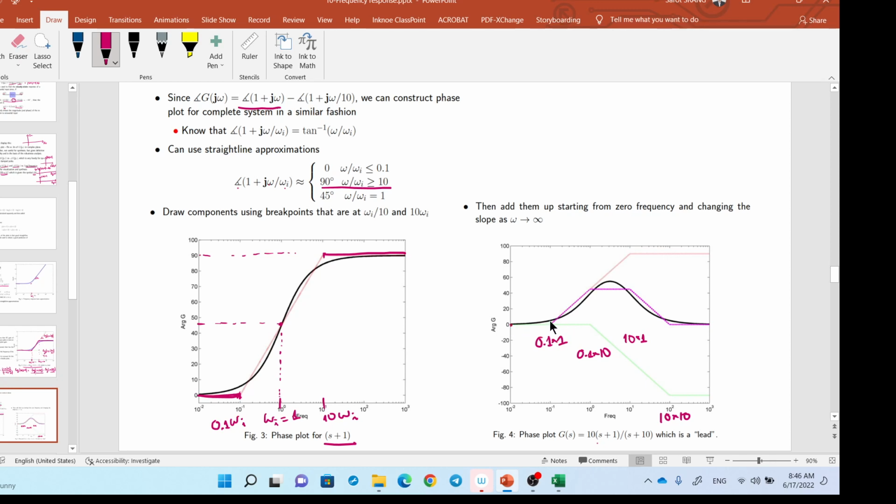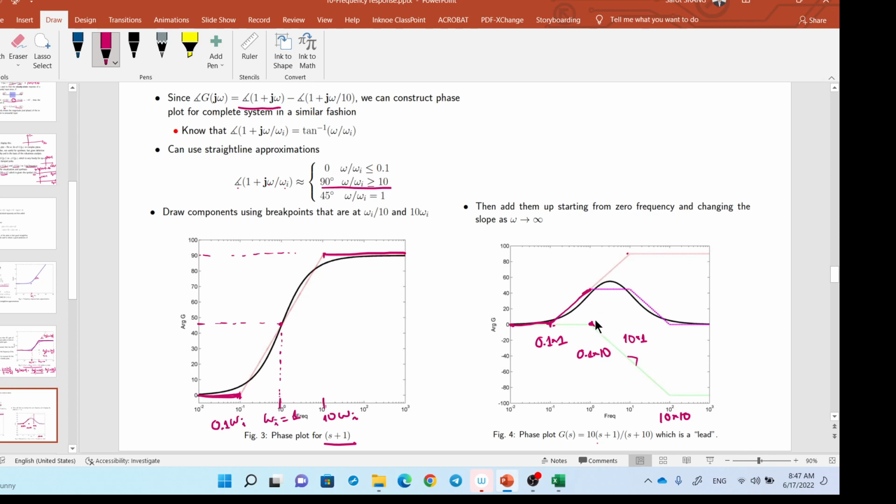So from here to here, both asymptotes are 0, so you add up like this. And from here to here, one asymptote is still 0, but another asymptote is upward sloping like this. So you have the pink one still upward sloping, and then from here to here, one asymptote is upward sloping, another asymptote is downward sloping.